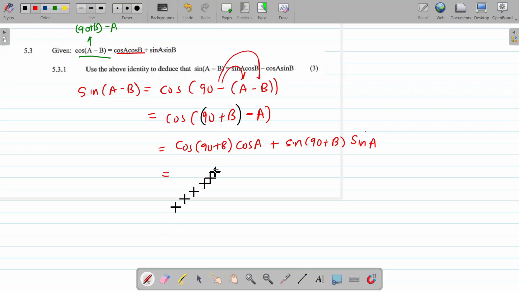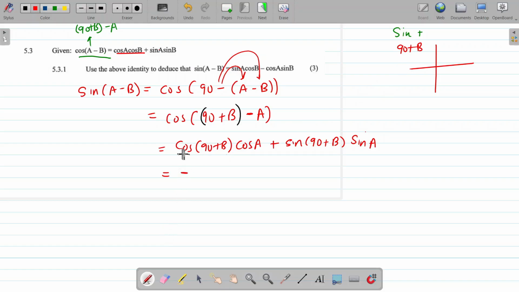Alright. Now, looking at this 90 plus, when we speak about 90 plus, we are in the second quadrant. And in the second quadrant, only sine is positive. All the other trig ratios are negative. So when I say cos of 90 plus B, because cos is negative in this quadrant, the answer is going to be negative.